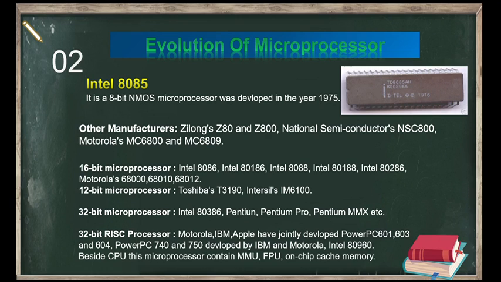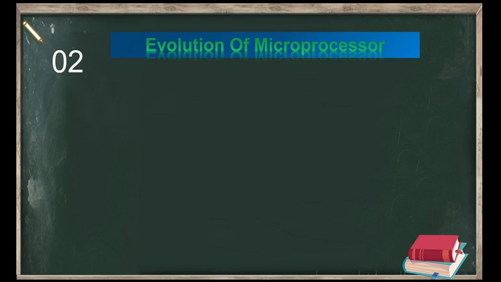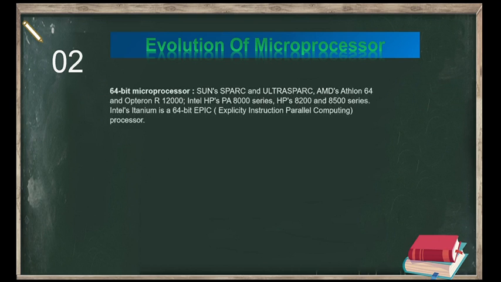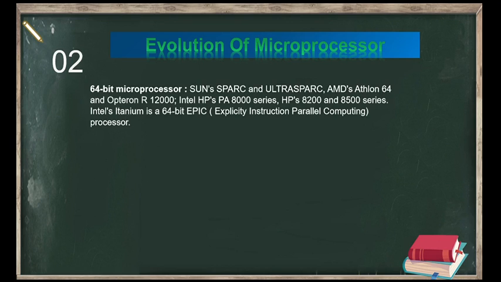Intel has also introduced 80960, a 32-bit RISC microprocessor for embedded control applications. 32-bit microprocessors contain a number of essential components of a computer besides the CPU, such as MMU, FPU, on-chip cache memory, etc. A number of 64-bit microprocessors have also been developed. 64-bit microprocessors are Intel and HP's PA8000 series, HP's 8200 and 8500 series, Sun's SPARC and Ultra SPARC, and so on.